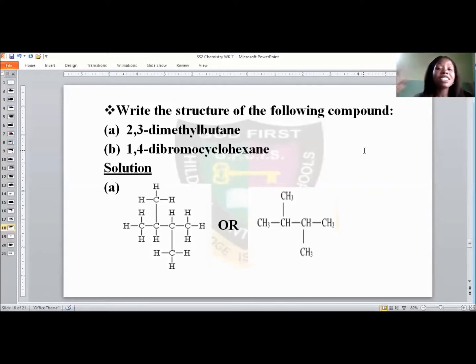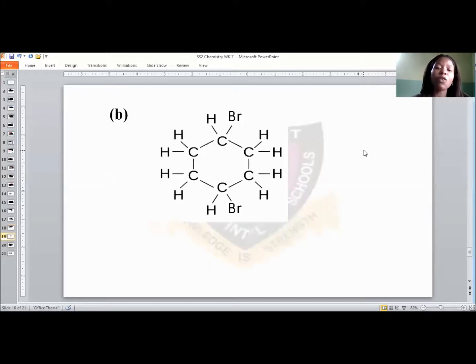The next one we are told to write the structure of 1,4-dibromocyclohexane. Now that's a cyclo chain, and you know cyclohexane, you put it in a circular form. So that's why I have the cycle 1, 2, 3, 4, 5, 6. So you write the 6 carbon in a closed ring. Then for each carbon, now we said 1, 4. So on carbon 1, take this as your carbon 1, you have the bromine atom.